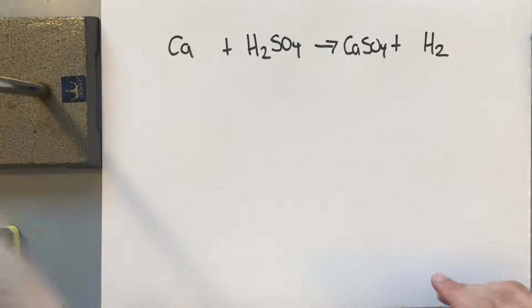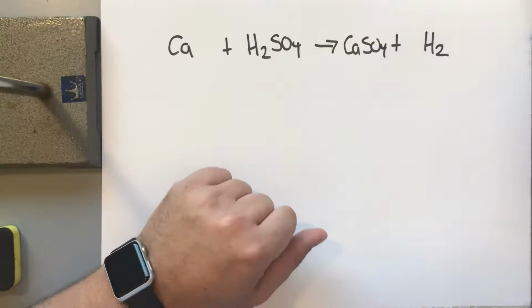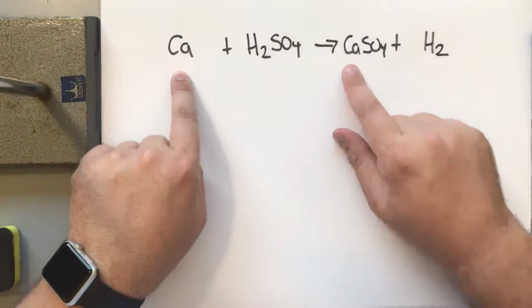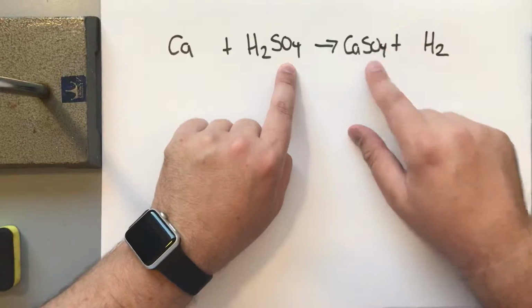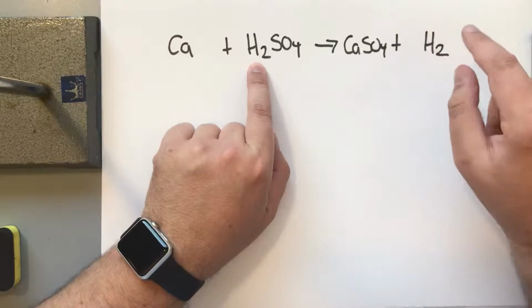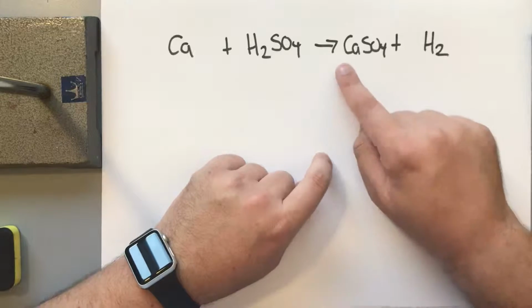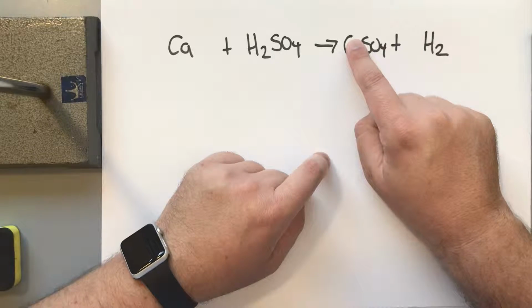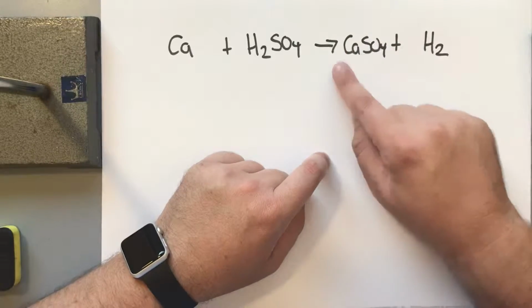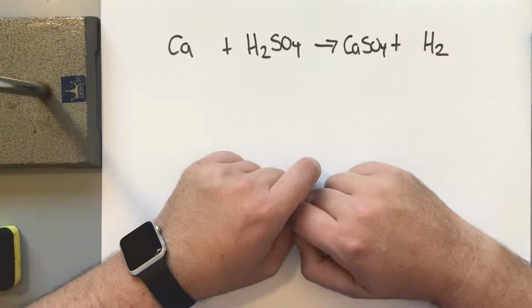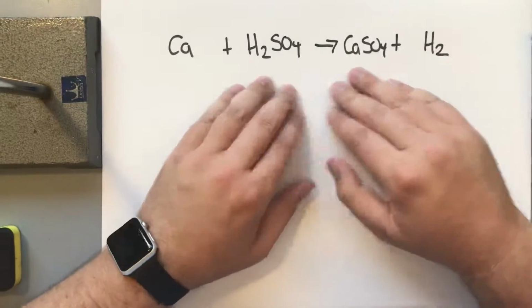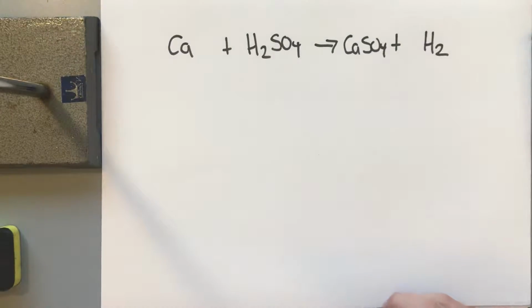That's all balanced, which would mean our whole equation now should be balanced. 1 calcium, 1 calcium, 1 sulfate, 1 sulfate, 2 hydrogens, 2 hydrogens. That's balanced. Ca 2+, SO4 2-. So we know that calcium sulfate's balanced. H2 is hydrogen gas. That's all balanced and that's now complete.